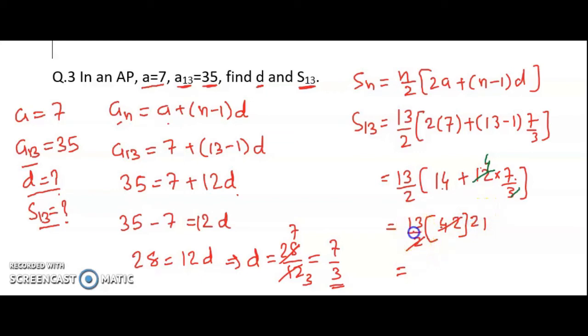So here we get 13 multiplied with 21. So we get the sum of the first 13 terms, that is 13 multiplied with 21. So we will get the answer 273. So this is your answer. The common difference is 7 by 3, and the sum of the first 13 terms is 273.